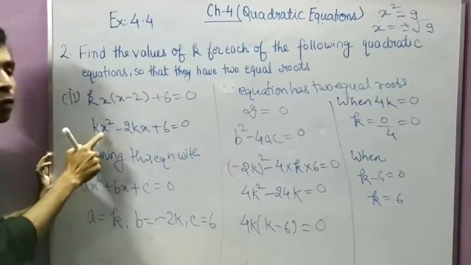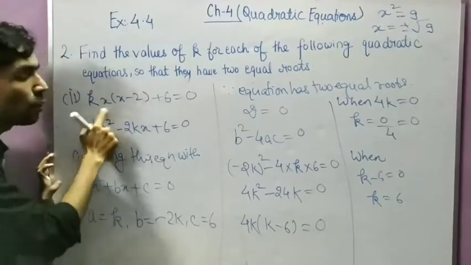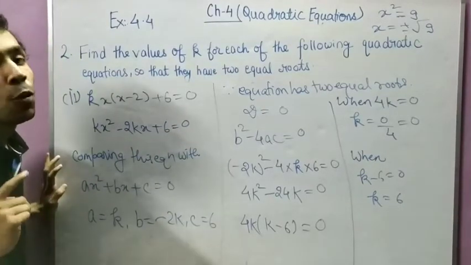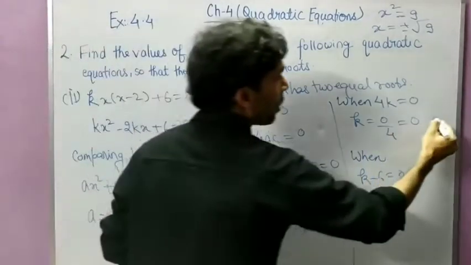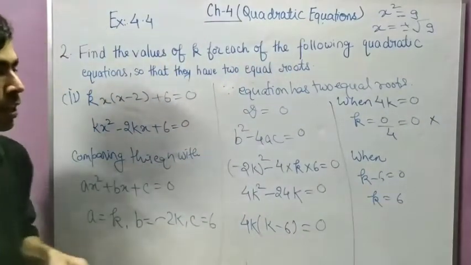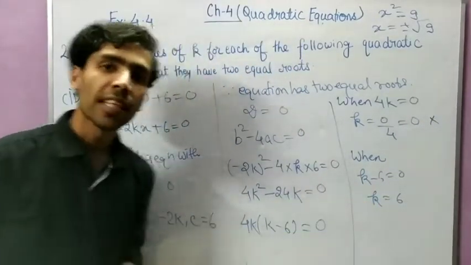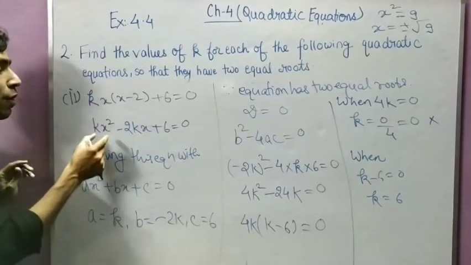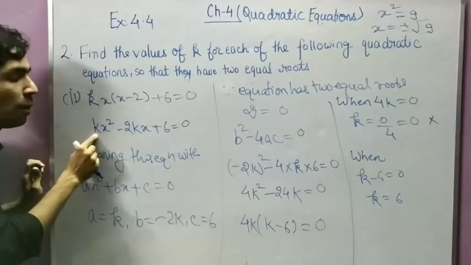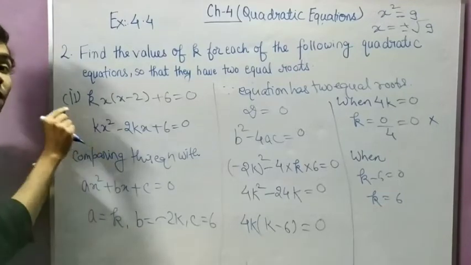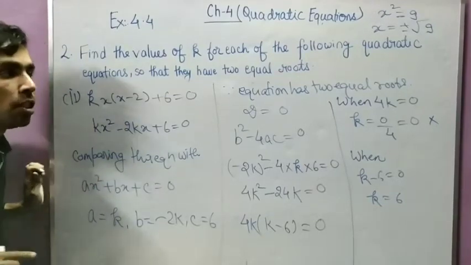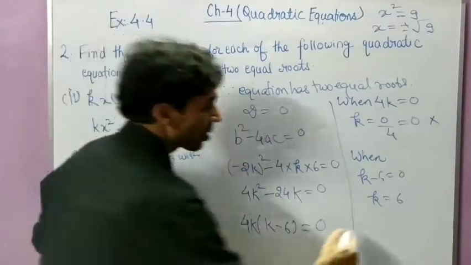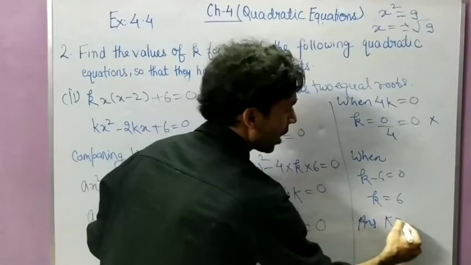A quadratic equation becoming linear is something we don't want, so we will not take that value. Now for k equal to 6, it will be 6x square, so it will remain a quadratic equation. So out of these two values, only one is correct, that is, the answer will be k equal to 6.